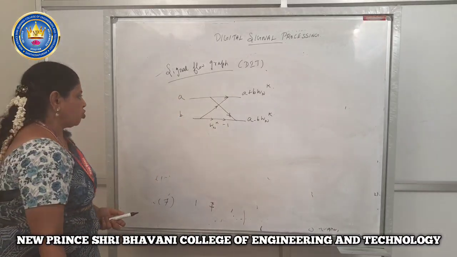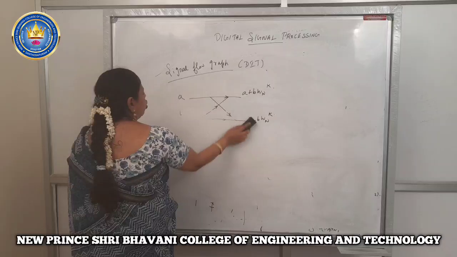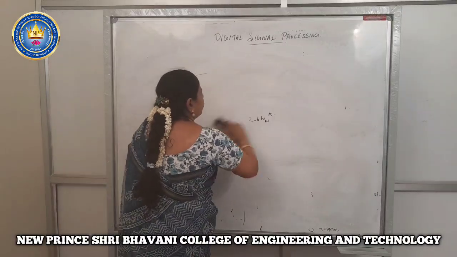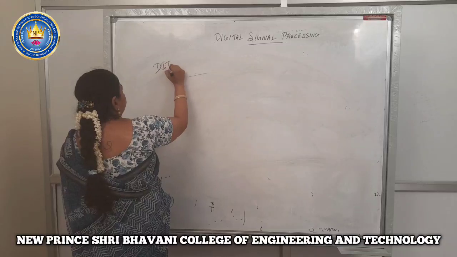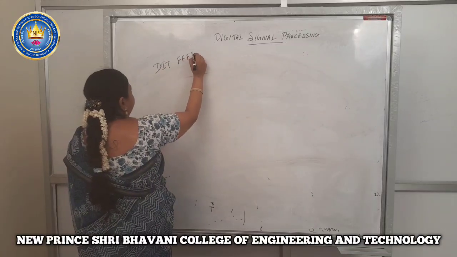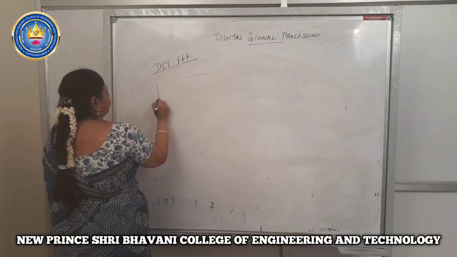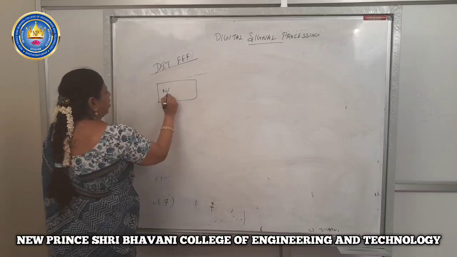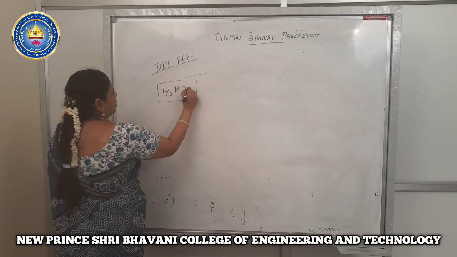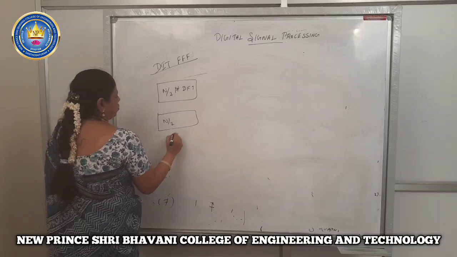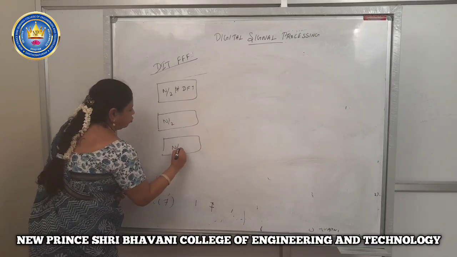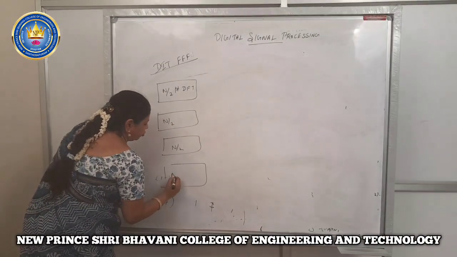Now based on this, we can draw the whole block of the DIT FFT for 8 samples. First I have n by 2 point DFT, again n by 2, here again n by 2, here again n by 2.